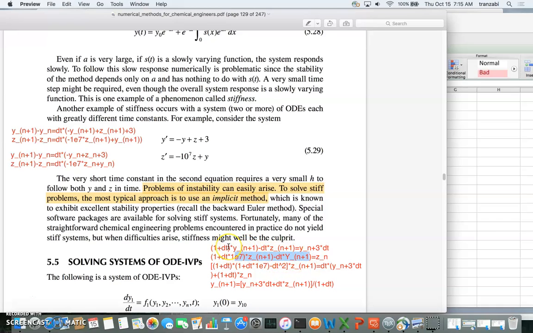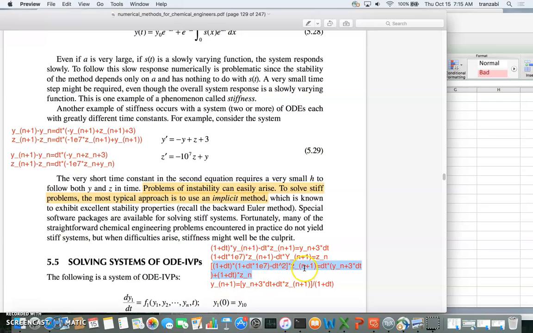So if I multiply this by dt, the second one by 1 plus dt, and then add them up, y_{n+1} goes away, and then I can directly solve for z_{n+1}. So this is the equation we get. We can directly solve for z_{n+1}, and it is going to be this right side divided by the left, which is all dt's and some numbers. There's no y_{n+1} anymore. So from this equation we solve for z_{n+1}.